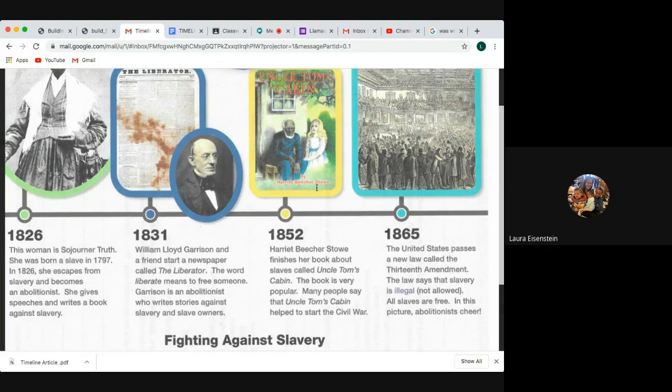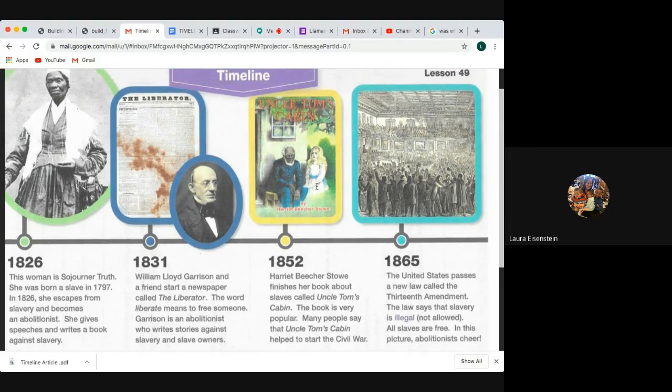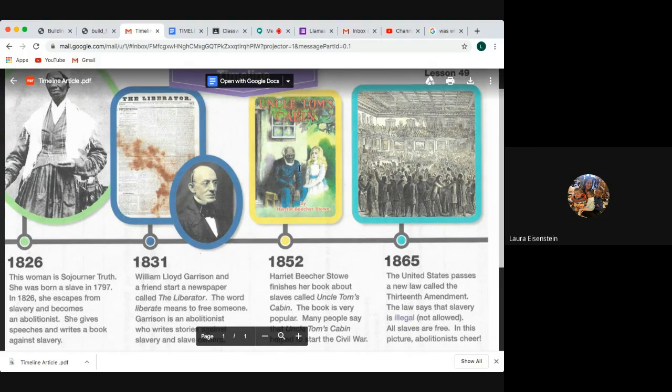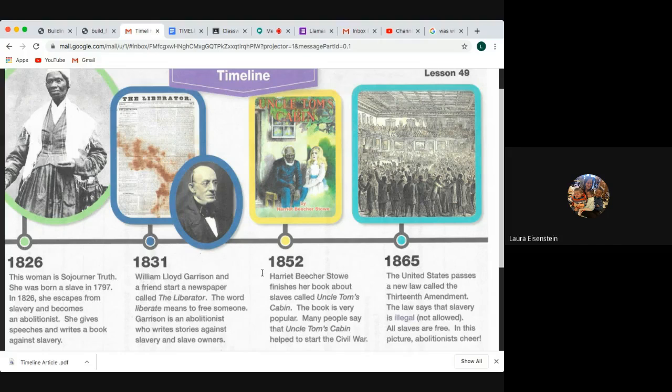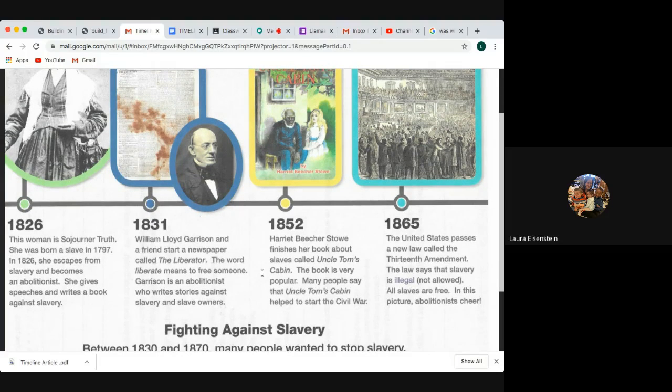Now we go to 1852. And you have a book here. It's a famous book called Uncle Tom's Cabin by Harriet Beecher Stowe. 1852. Harriet Beecher Stowe finishes her book about slaves called Uncle Tom's Cabin.